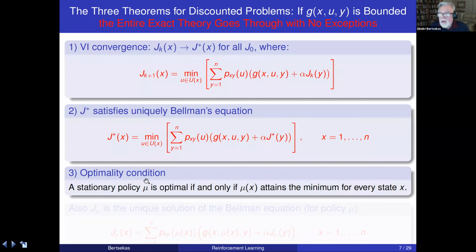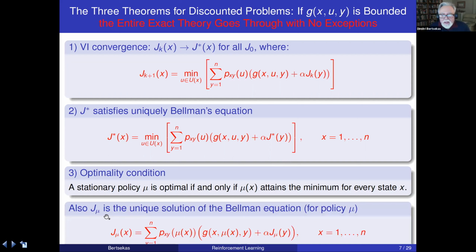And the third theorem says that if you minimize in this expression here of the Bellman equation with J star here, then you obtain an optimal policy. Moreover, if you have an optimal policy, then it must attain the minimum here. This is an if and only if statement. So these are the three theorems. You expect them to be true. They're not always true, but in this particular case, they are true.